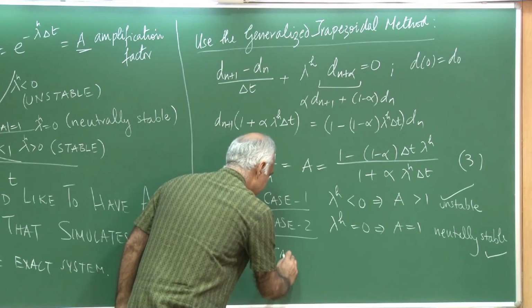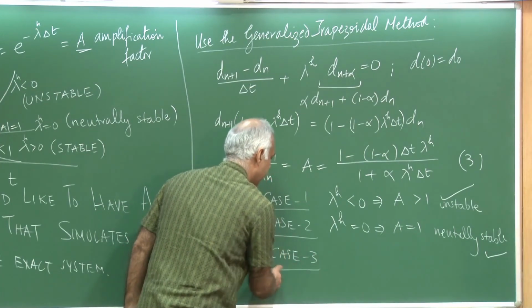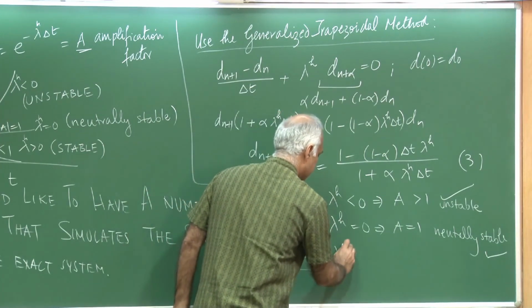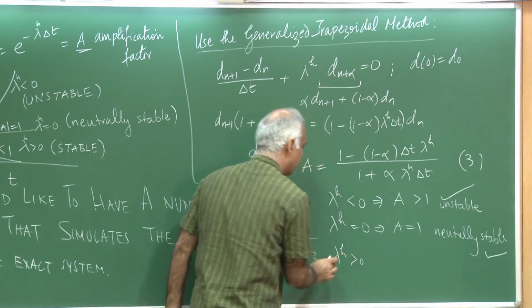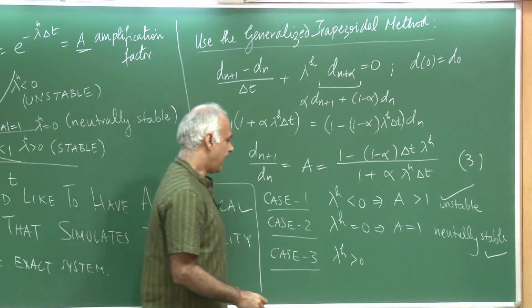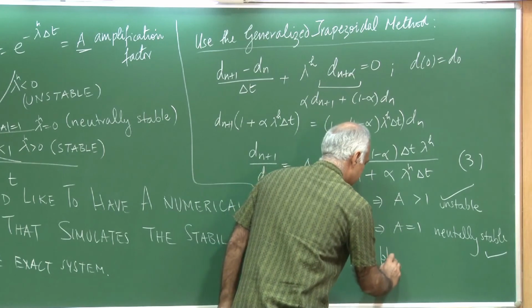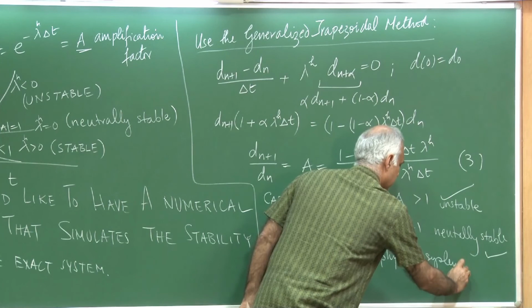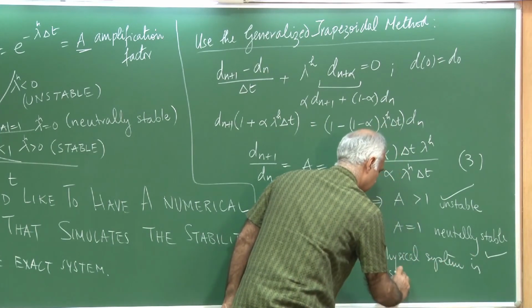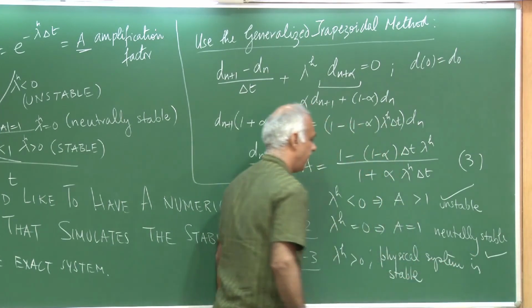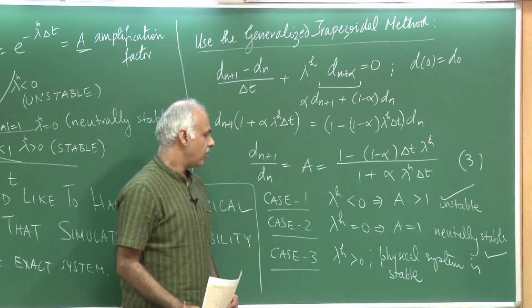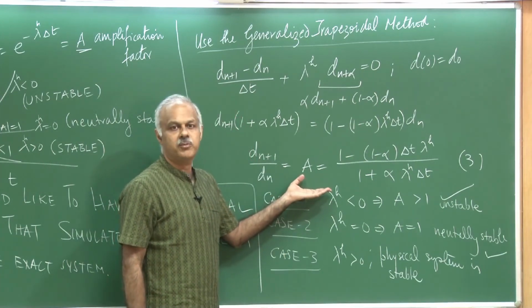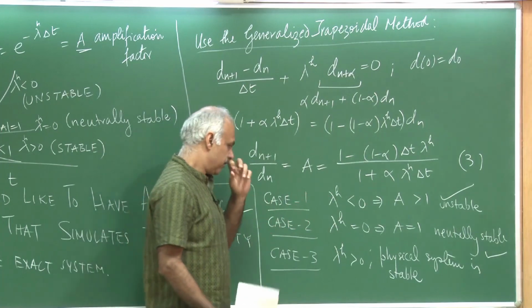Case 3 is really the important one, where lambda h is strictly positive, and the physical system is stable. We want to investigate what happens to the numerical system.